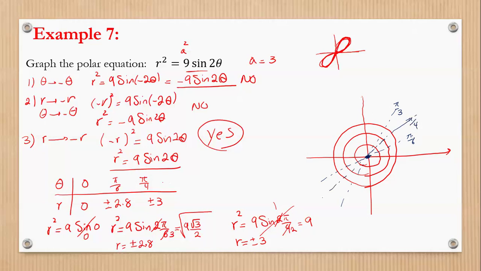Pi over 6 with positive 2.8 and negative 2.8. Pi over 4 with positive 3 and negative 3. So if I graph, I will have this part and this part.